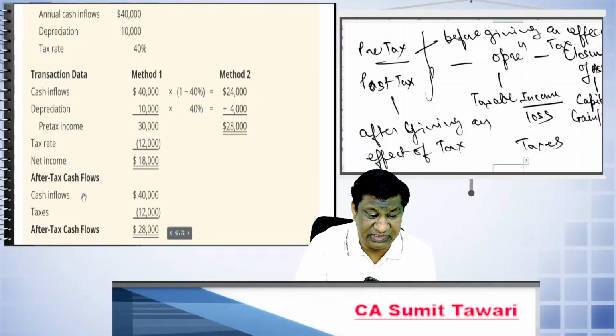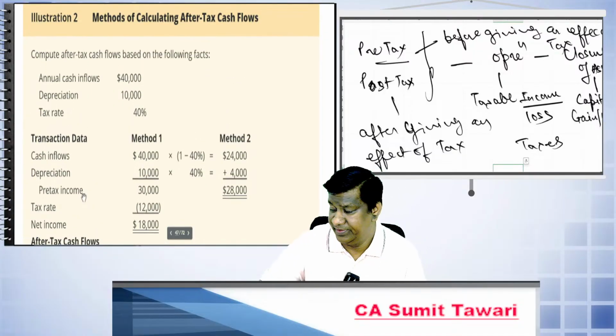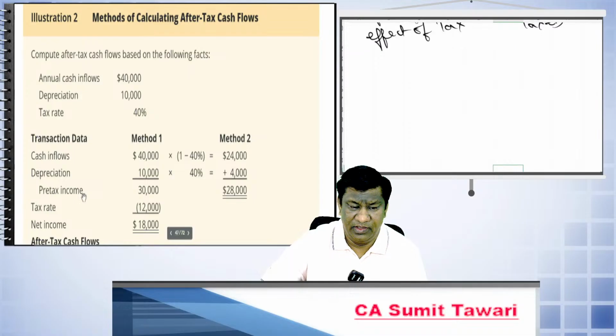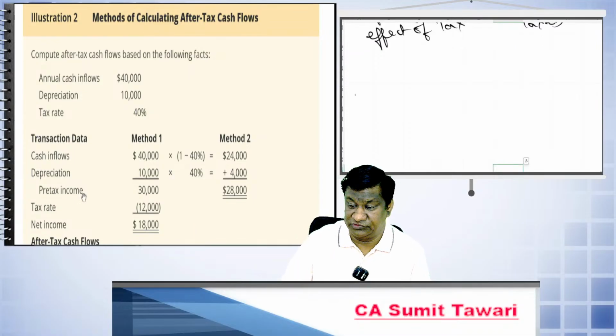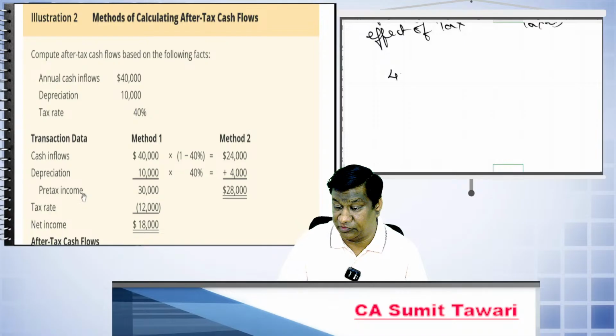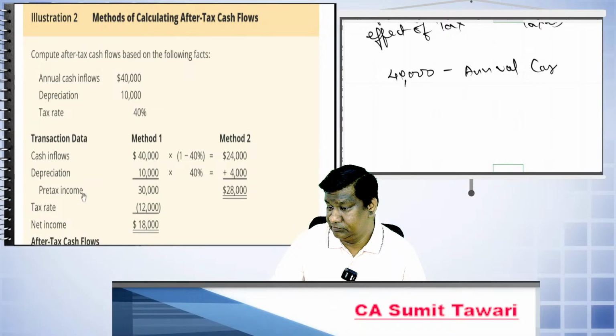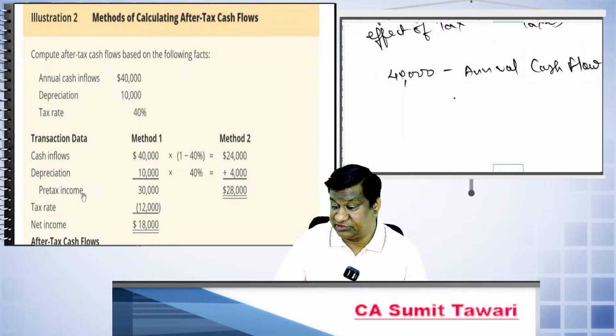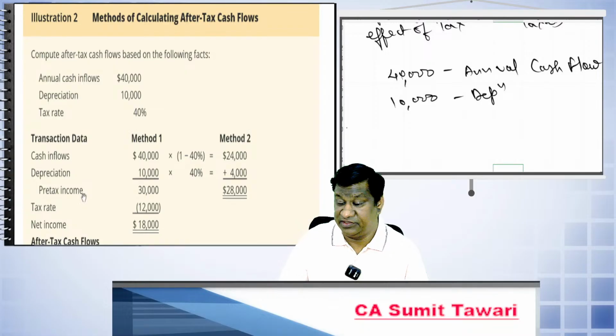So we can see this example. Annual cash flow is 40,000, just for an operation we are considering right now. Depreciation is 10,000 and the tax rate is 40%.